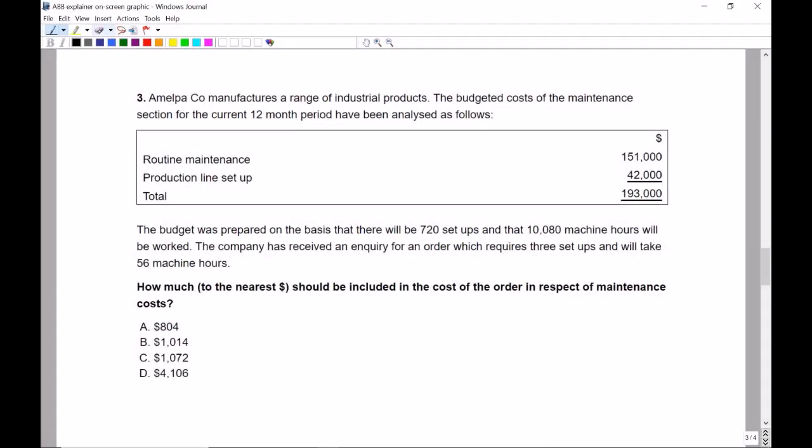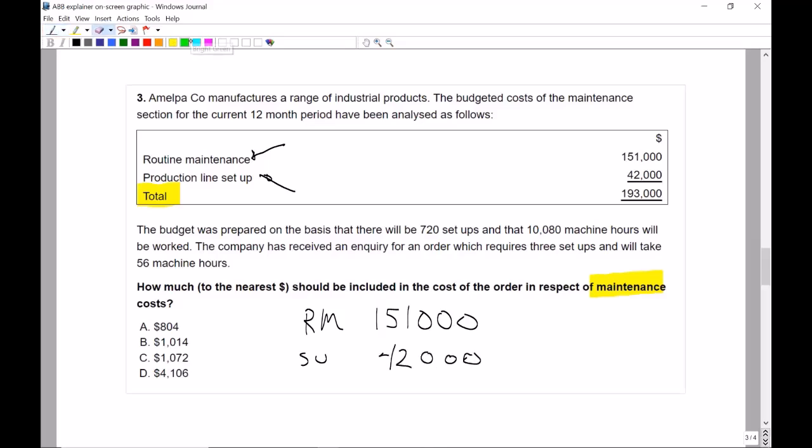Welcome back. To solve this question, I'm going to reverse engineer the activity-based budgeting process. We're talking about maintenance costs, and we see that the maintenance department has two activities happening: maintaining the machines and setting up the production runs. Each line has its own cost pool. For routine maintenance, we've got 151,000, and for setups, 42,000.